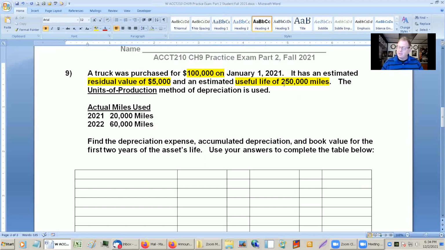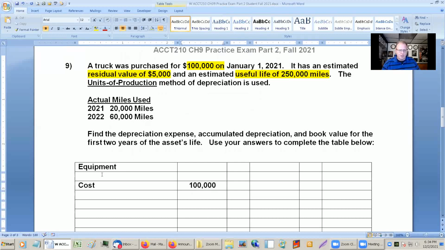It's still a useful life, but this is a truck, so it's going to be in miles, how many miles we use it. It starts out exactly the same as the other one. In fact, feel free to cut and paste that.